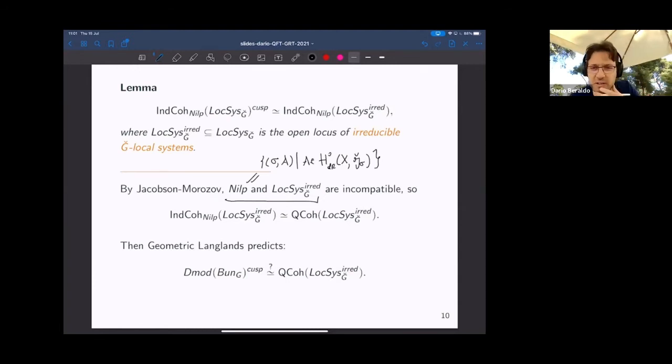And since we are in the irreducible locus, that's impossible. So A must be zero. And therefore, on the open part of the irreducible local systems, there is no difference between coherent sheaves with nilpotent singular support and quasi-coherent sheaves, right? So that's telling me that the cuspidal objects on the spectral side are contained in QCoh.